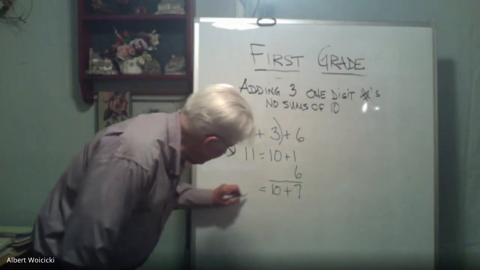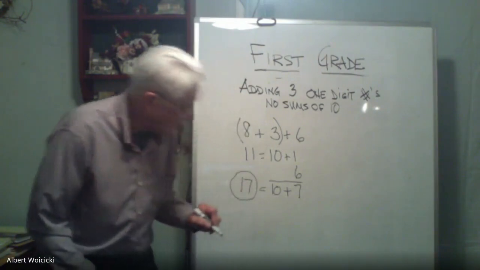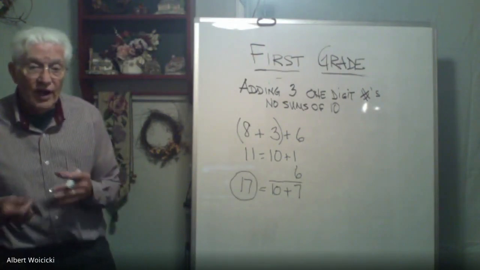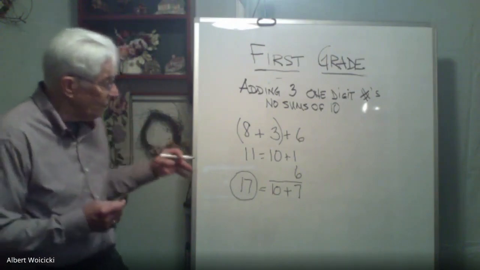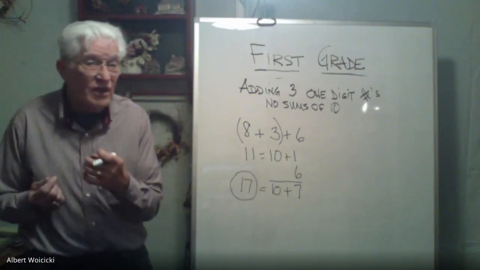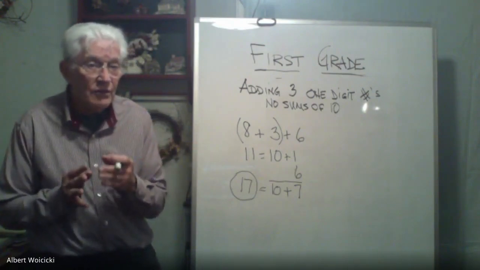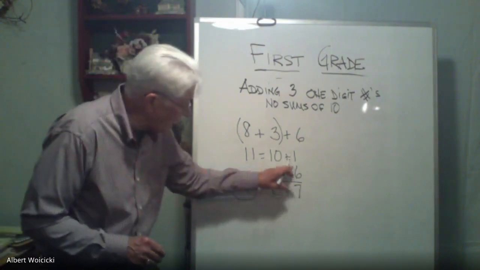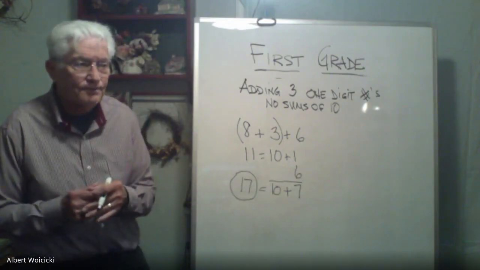And that equals my 17. So that's one way of putting them together. But what I've done here is I've gotten the students to recognize that this 11 is really in two parts. It's the tens place, a full 10, and one more. So when I add the 1 and 6 and I get 7, I get the full 17.